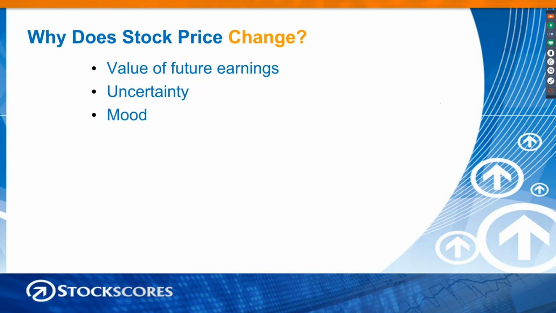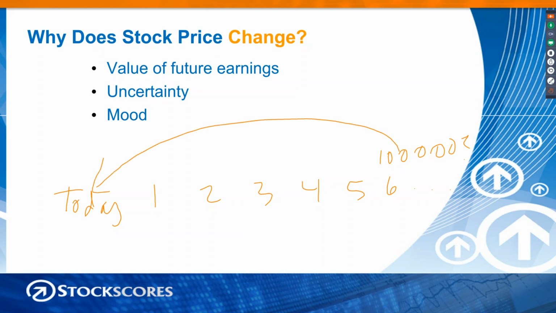So every company's in business to make money. This is today, right here. And then we have 1 year out, 2 years out, 3 years out, 4 years out, 5, 6, and on and on and on. And so when you're valuing a business, you will say, okay, well, $100,000 in 6 years, what is that worth in today's dollars? Well, it's probably worth $50,000 if you think about the time value of money.